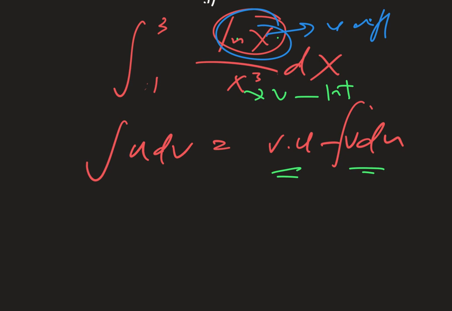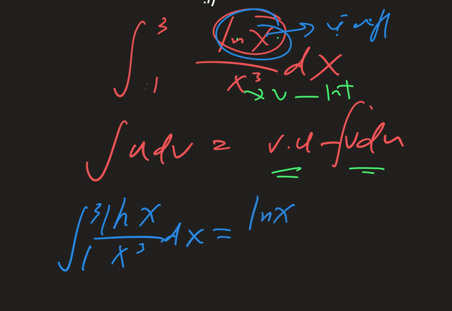So this is u and dv. What you need to do is just copy down whatever it is. I put a blue line for u. So u is ln x, just copy down the u. And v itself is the integral of x to the minus 3.